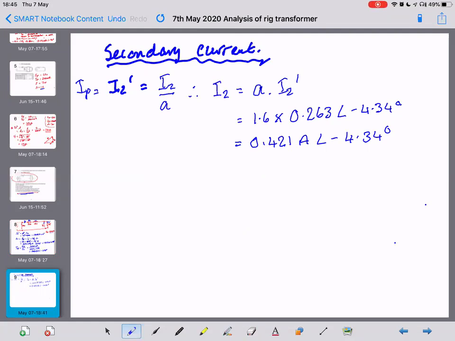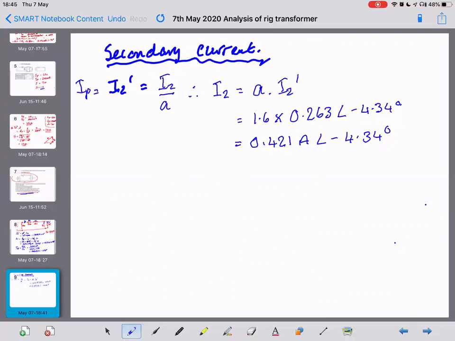Now, there's two ways that we could find the secondary voltage. Tell me one of them. If we've got the secondary impedance, you can do it that way. Yeah, we've got the secondary impedance because all that is the load.